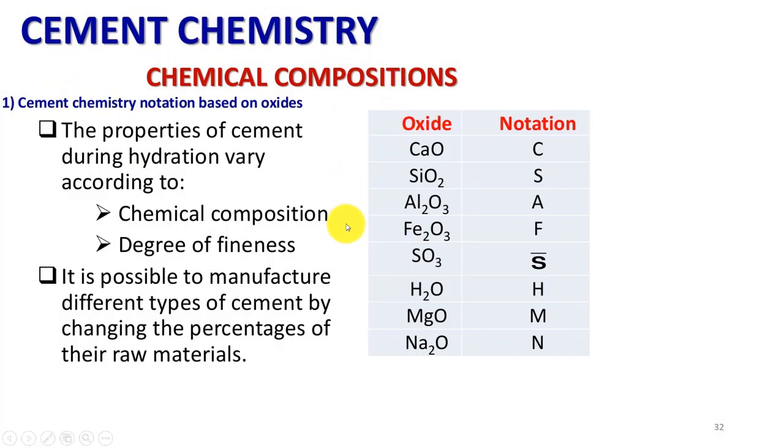So, basically, the property of a cement depends upon two things, which is chemical composition and degree of fineness. I already have mentioned the types of cement in a previous video.